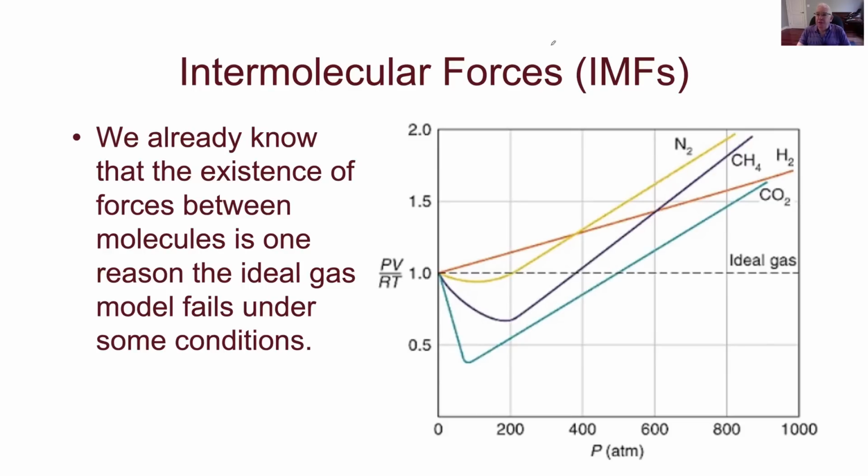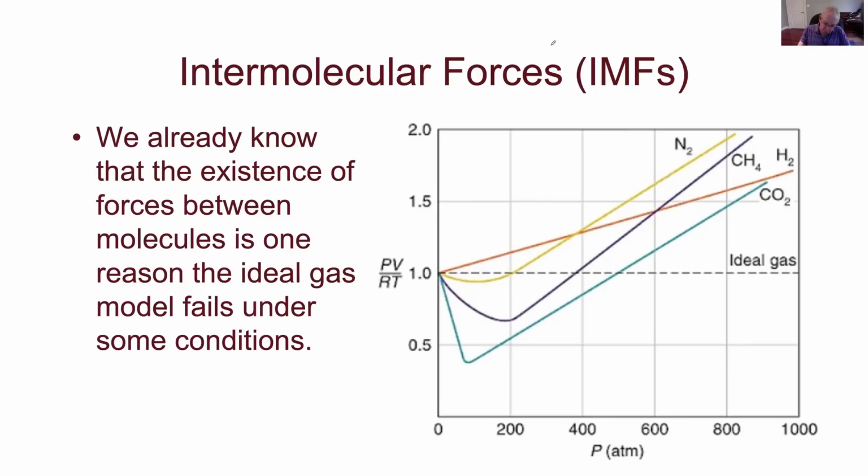There are plots on this figure for 4 common gases, and you can tell that they all deviate from ideal behavior to various extents under different conditions, right? If I go out to the right-hand side of the graph where I'm up to 800, 1,000 atmospheres, it's maybe not surprising that all of them deviate significantly from the ideal gas model because the pressure there is quite enormous, right?